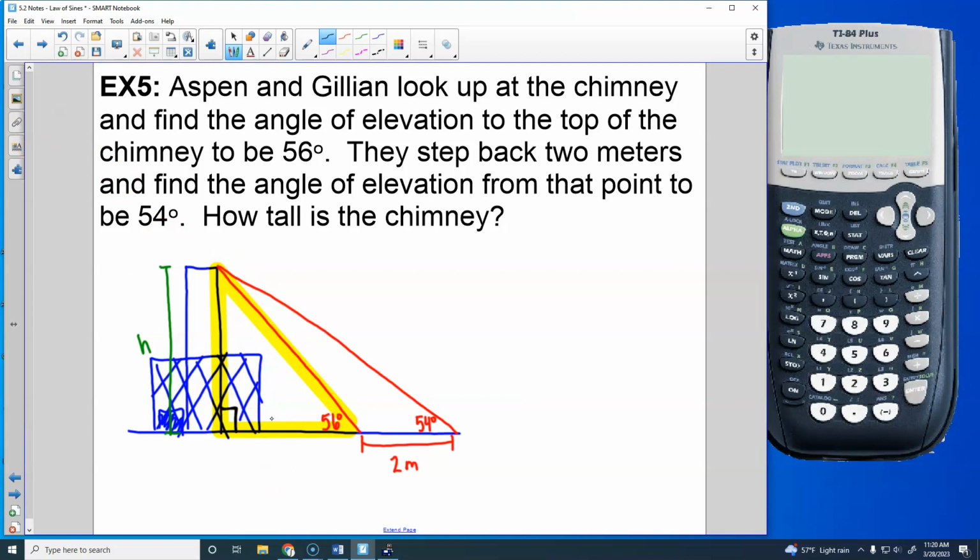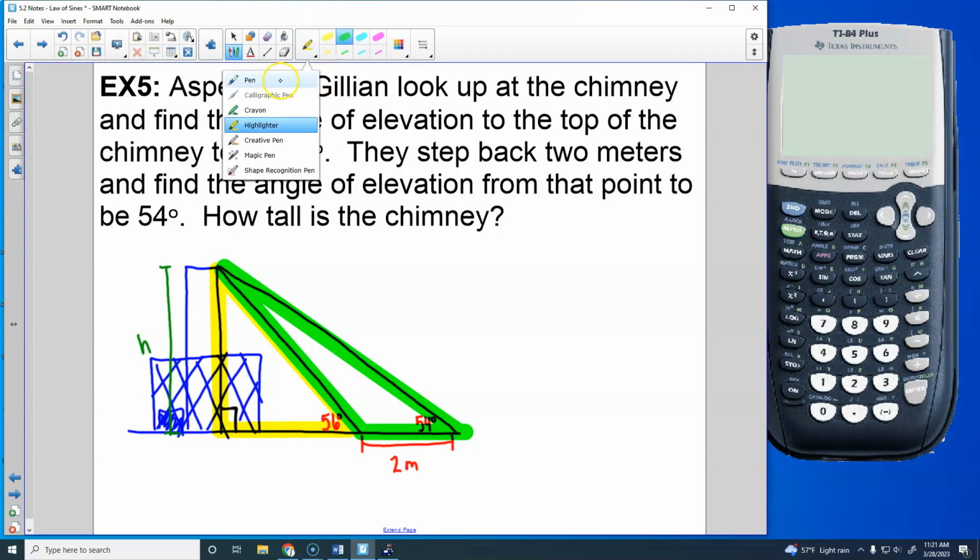Instead, we've got to look at this skinny triangle right here. This skinny triangle, we know one of the sides. We do not know all of the angles, but we could find all of the angles. I know this angle right here is 54. Does anybody know how I could find this angle right here?